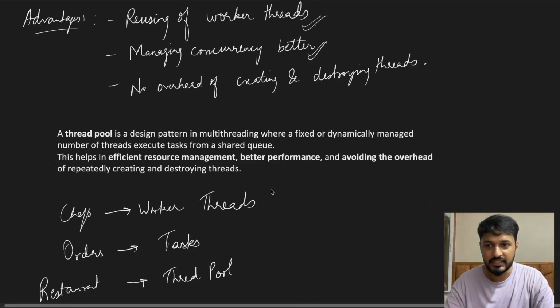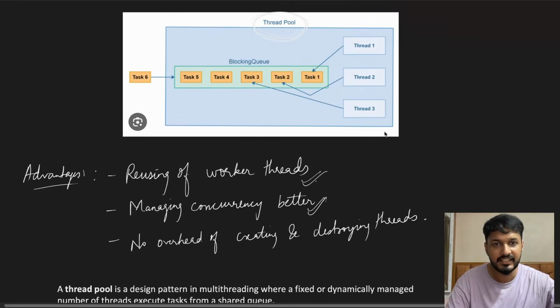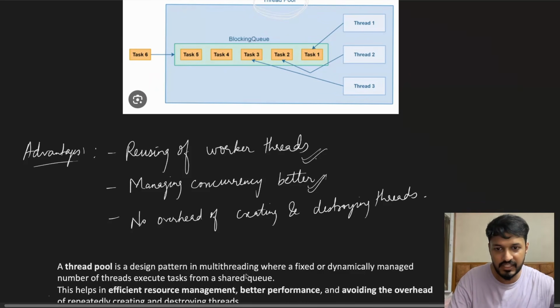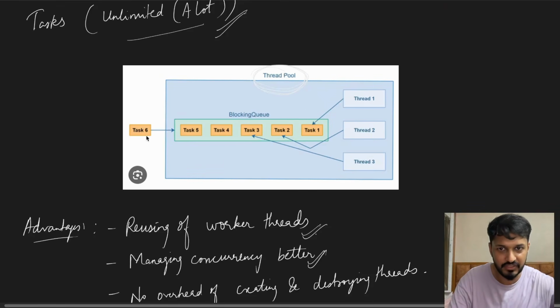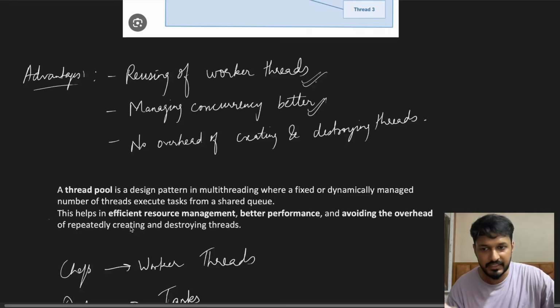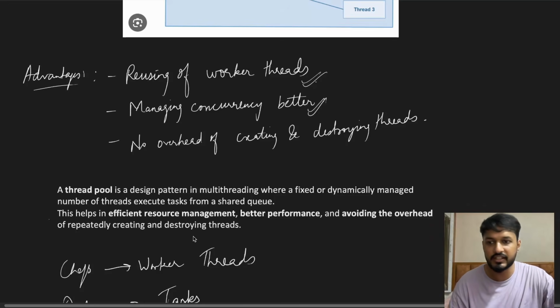A thread pool is a design pattern in multithreading where a fixed or dynamically managed number of threads execute tasks from a shared queue, this blocking queue. It helps in efficient resource management, better performance, and avoiding the overhead of repeatedly creating and destroying threads.